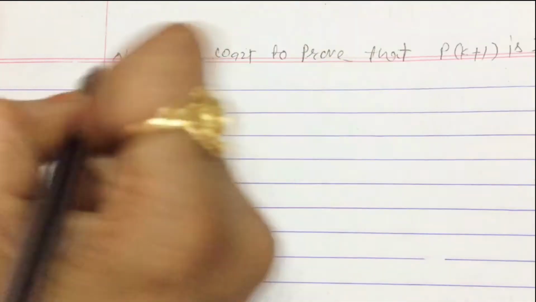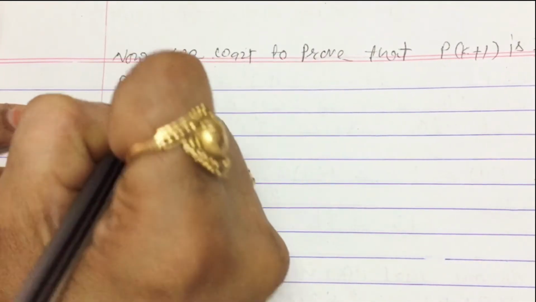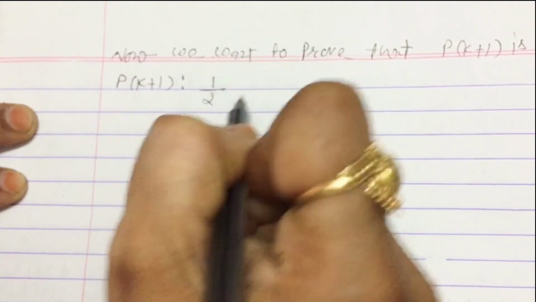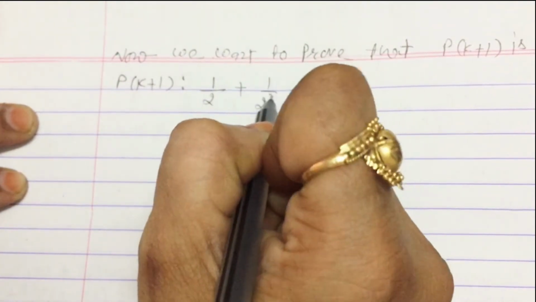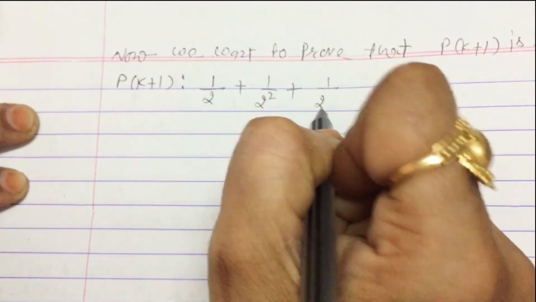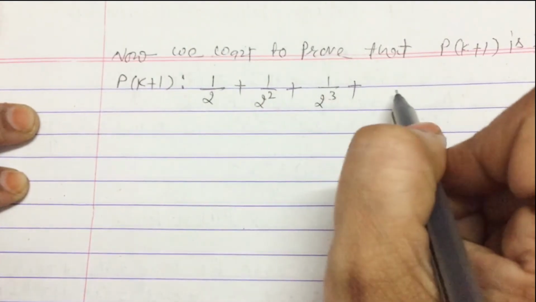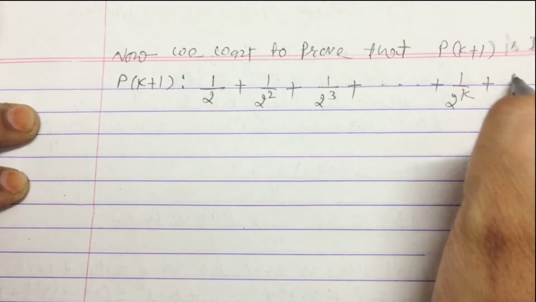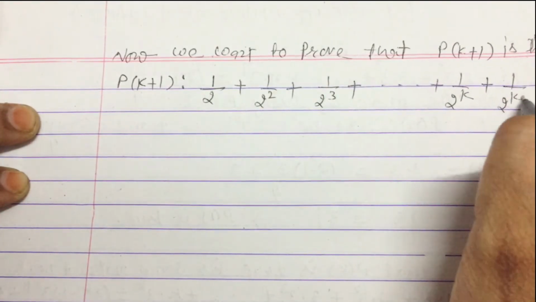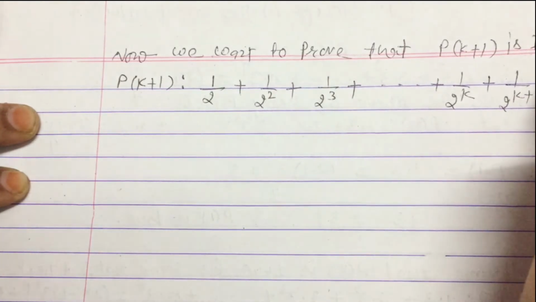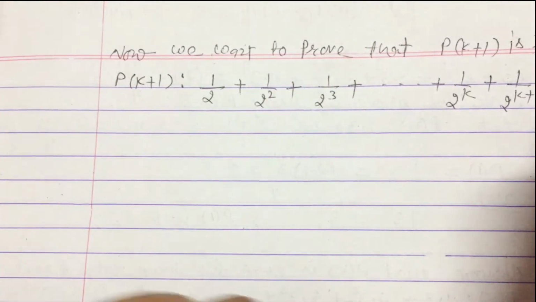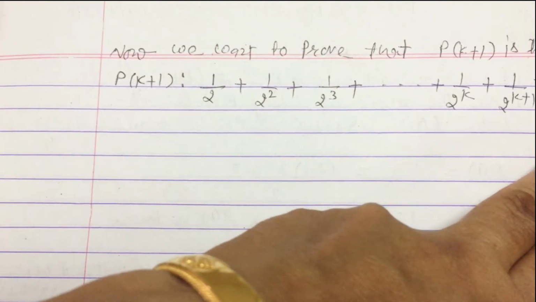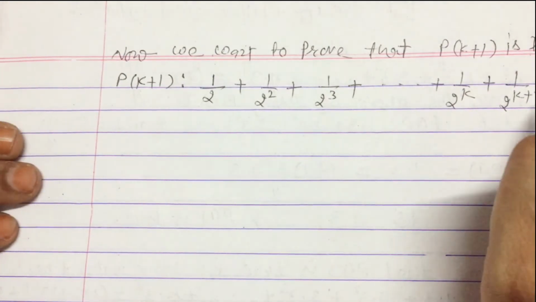So write Pk plus 1: it is 1 by 2 plus 1 by 2 square plus 1 by 2 cube, and here it is 1 by 2 raised k, and in the next term it is 2 raised k plus 1. And on the right hand side it is 1 minus 1 by 2 raised k plus 1. We have to prove that it is true.